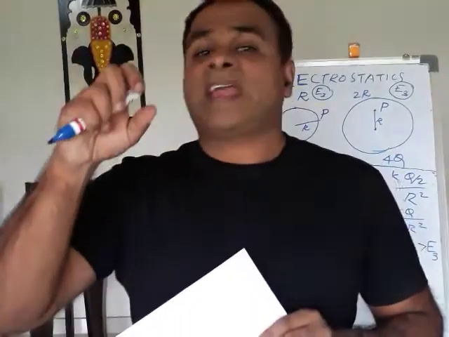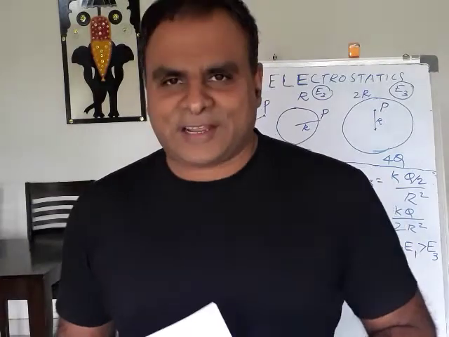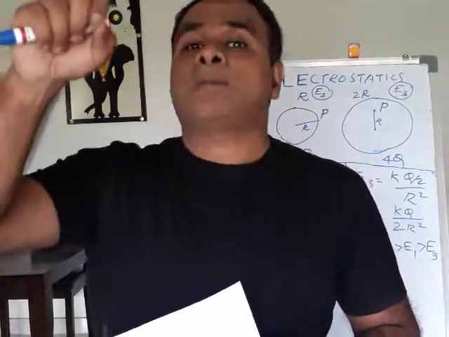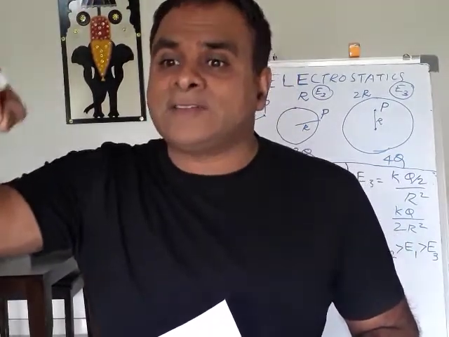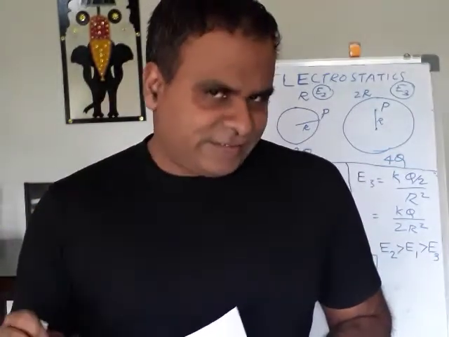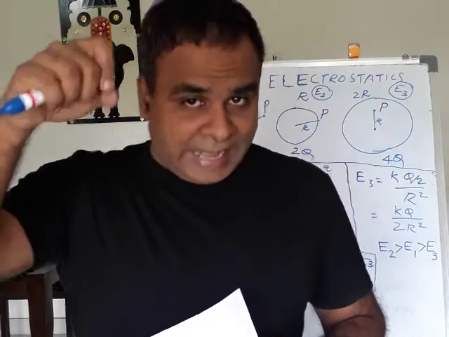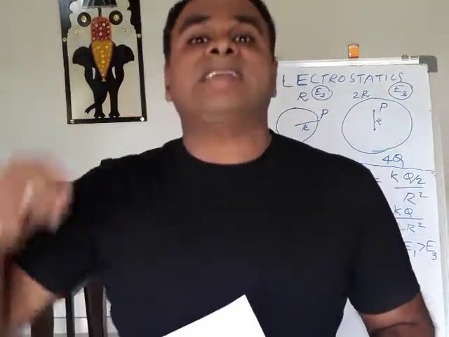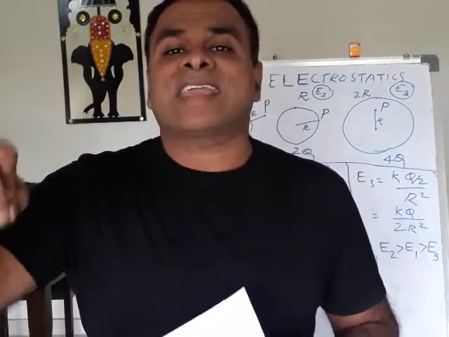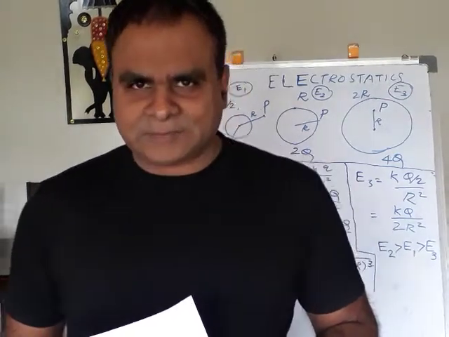But in the case of a spherical dielectric, the electric field inside is not zero, but it will decrease as you go inside the dielectric. Why is it decreasing? Because the electric field formed due to the dielectric polarization is against the applied electric field. That's why it decreases inside the dielectric. I think you got the point.